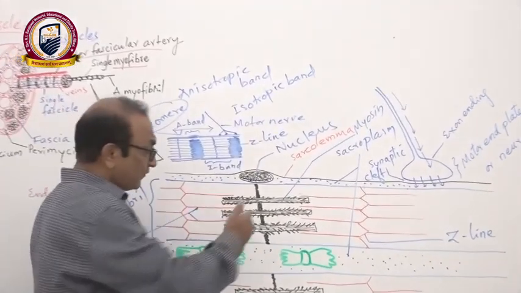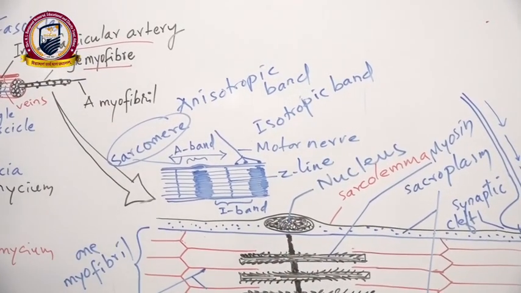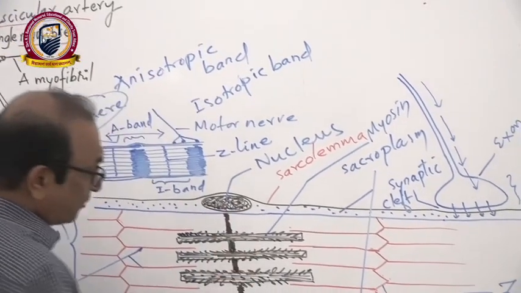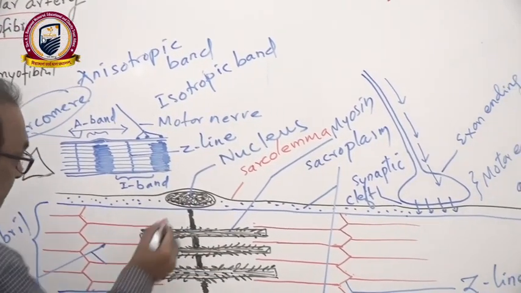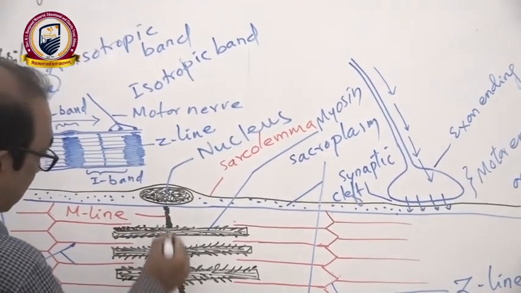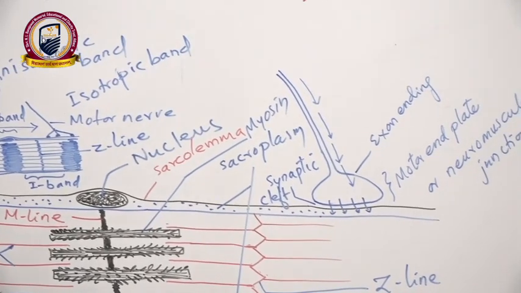Okay, and these myosin filaments are again connected to each other by cementing material, and this line that you see here is called the M line, that keeps all the myosin filaments connected together.